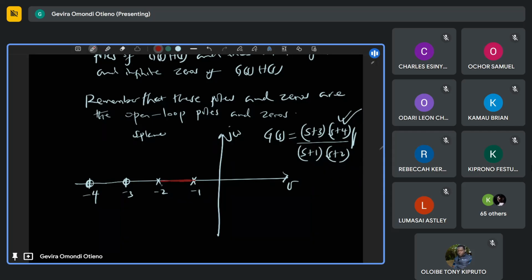This is the second one, so that's an even number, so to its left, there's no root locus. This is the third one. Because it's number 3, to its left, there's got to be a root locus. This is the fourth one, and because it is an even number, to its left, there's no root locus. So on the real axis, the root locus lies only on these points.